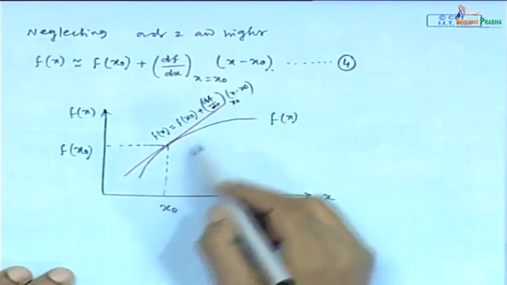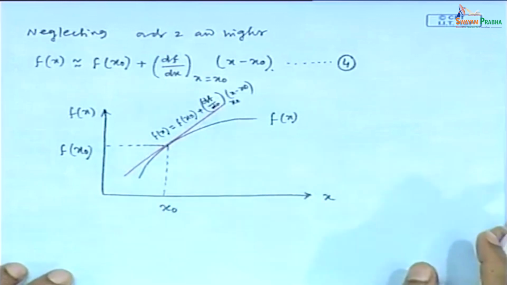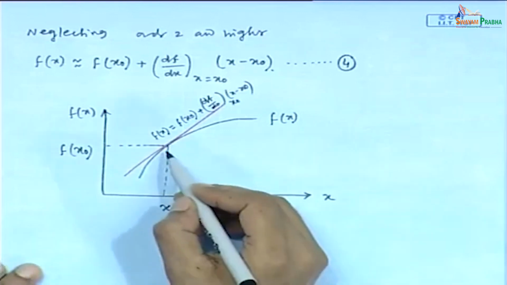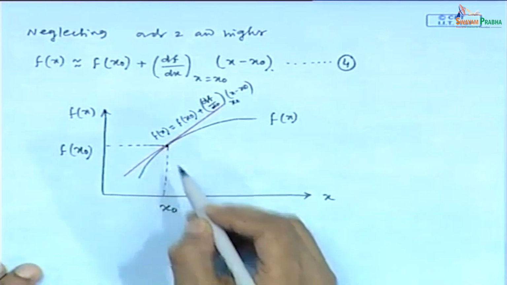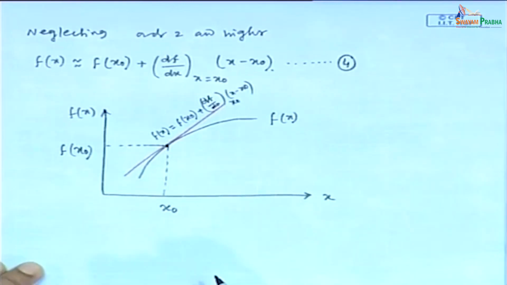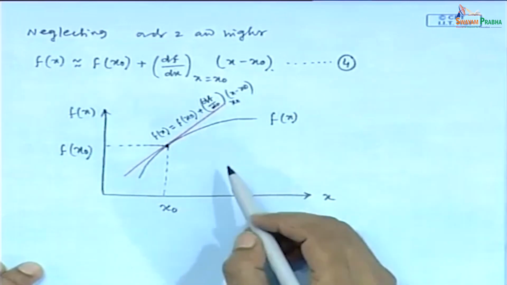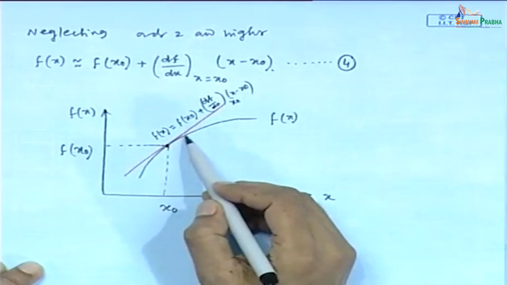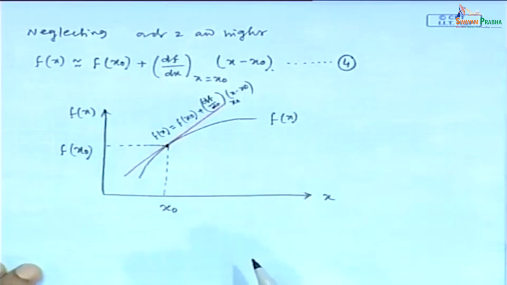So, from this graphical representation it is very clear that the linear approximation is satisfactory when x is very close to x naught. If we move away from x naught, the curve is not linear at all, fine. So, the deviation increases as we move far from x equals to x naught.